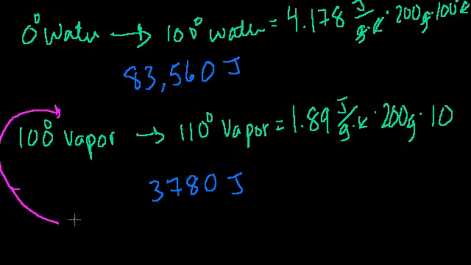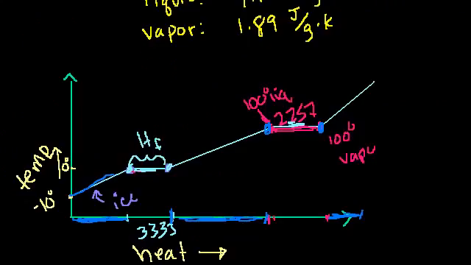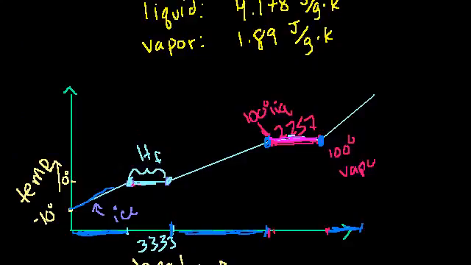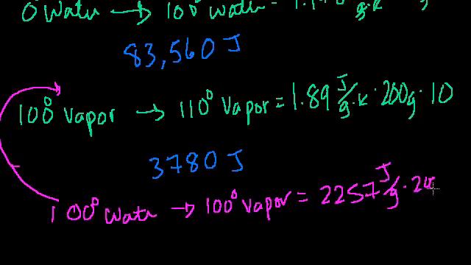So to go from 100-degree water to 100-degree vapor, that's this step right here. This is the phase change. I multiply the heat of vaporization, which is 2,257 joules per gram, times 200 grams.